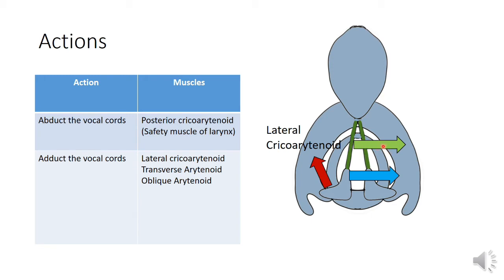The lateral cricoarytenoid along with transverse arytenoid and oblique arytenoid pulls the muscular process forward, moving the vocal process medially, thereby adducting the vocal cord. So abduction is brought about by posterior cricoarytenoid and adduction is brought about by lateral cricoarytenoid, transverse arytenoid and oblique arytenoid.